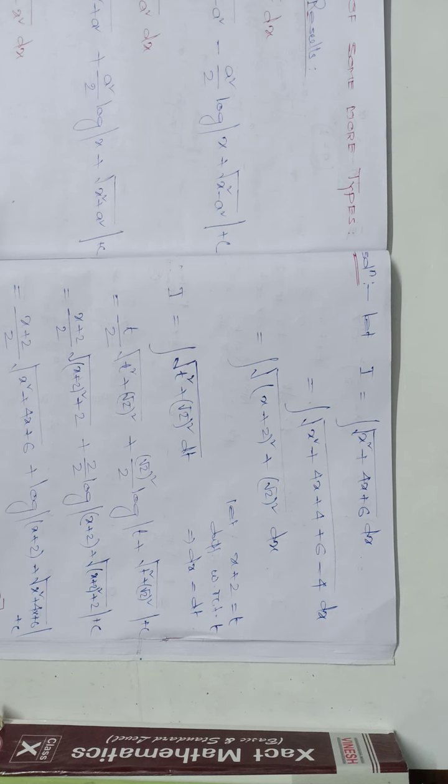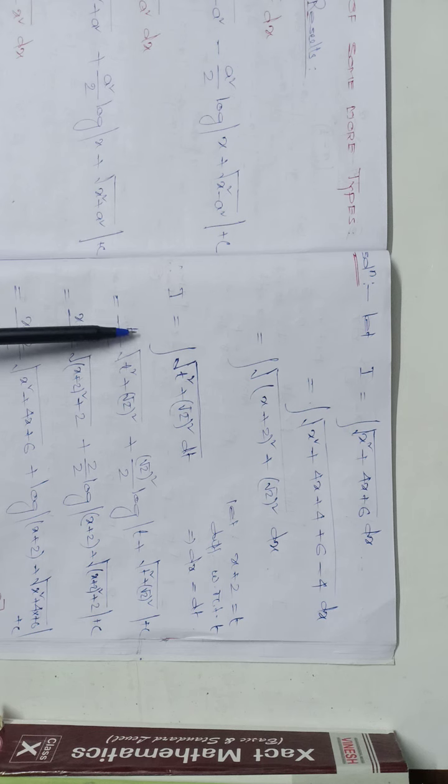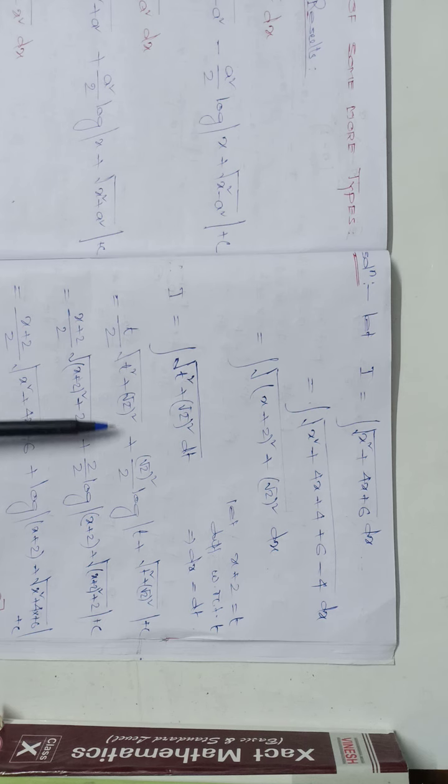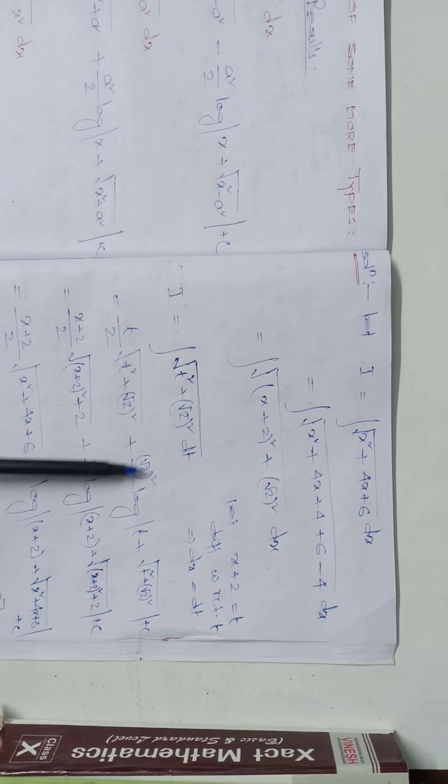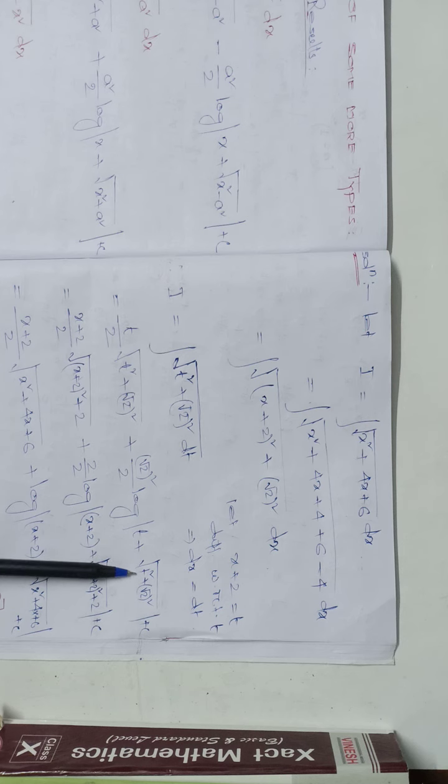Now using the standard results, we will have t by 2 root over t square plus root 2 whole square plus, in the formula it was a square by 2. Here a is root 2, so root 2 square by 2 log mod of t plus root over t square plus root 2 whole square plus c.